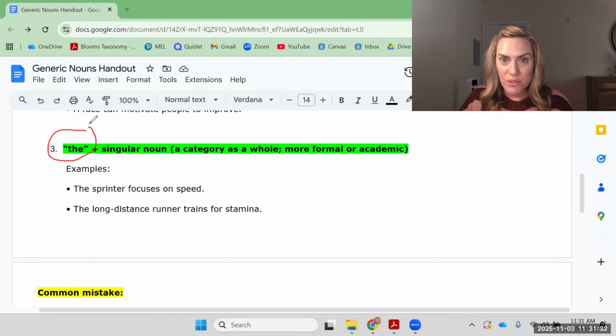So you can't use it with a non-count noun.